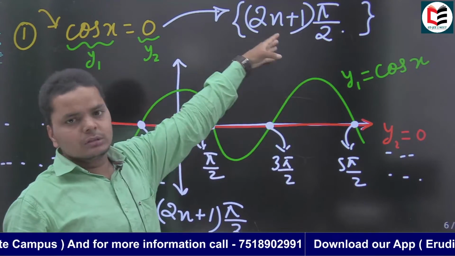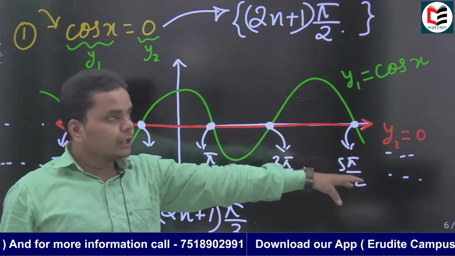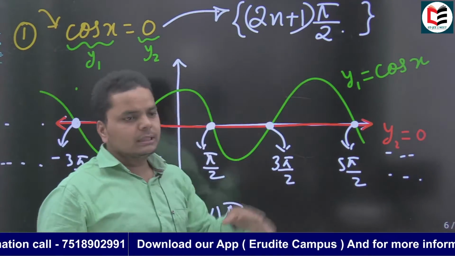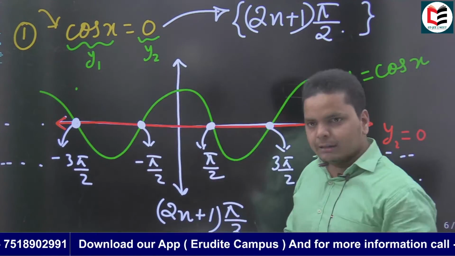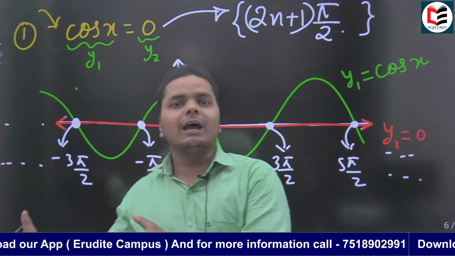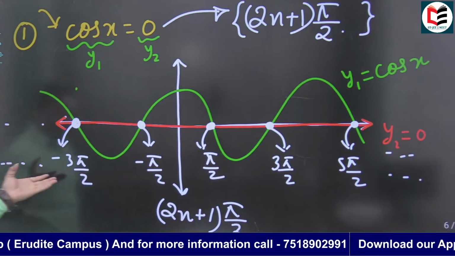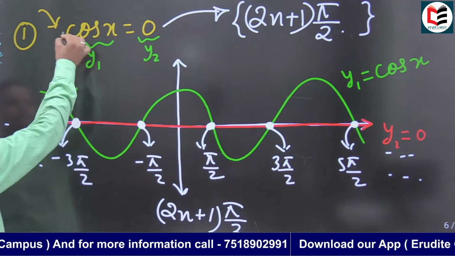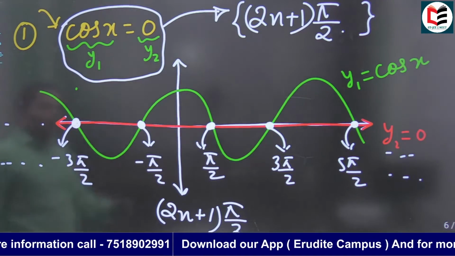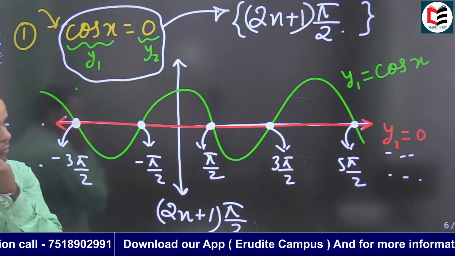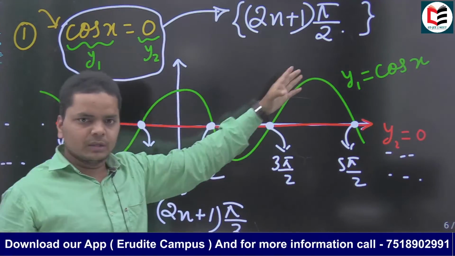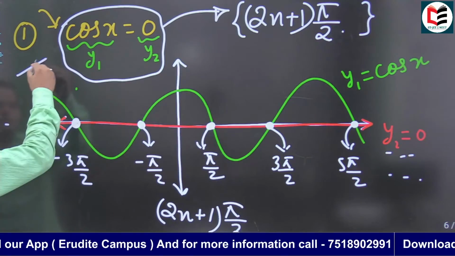If you put n equal to 0, you will get another solution. If you put n equal to minus 1, and so on, where n belongs to the integers, then for different integers you will get different solutions, which this equation comprises. So the first part of our answer is (2n plus 1) pi by 2.